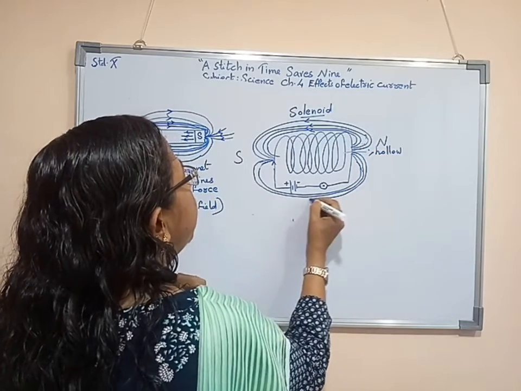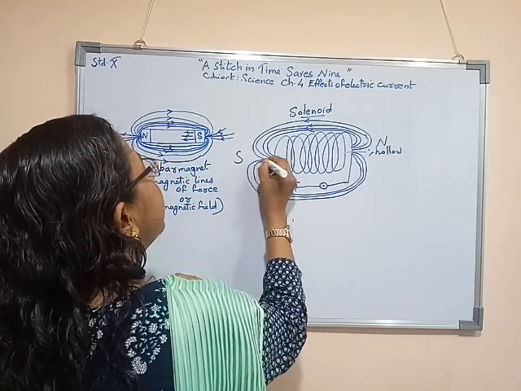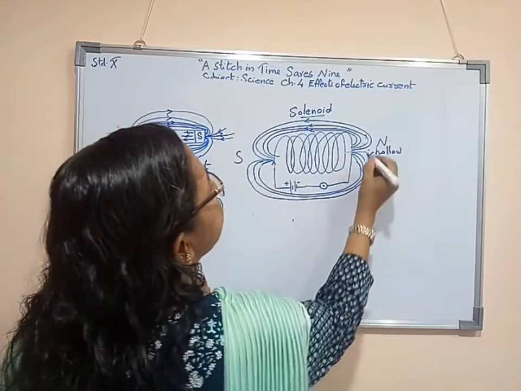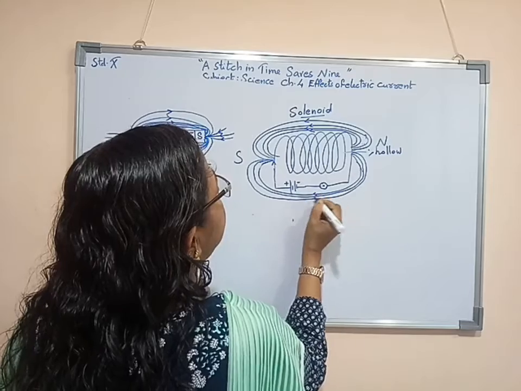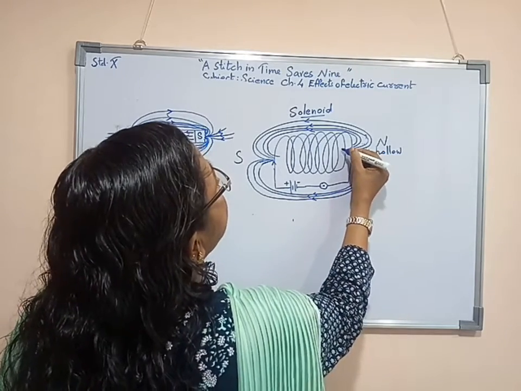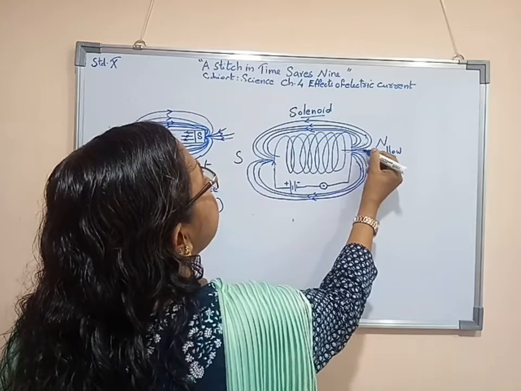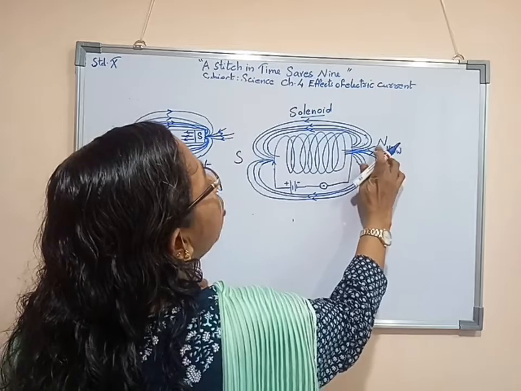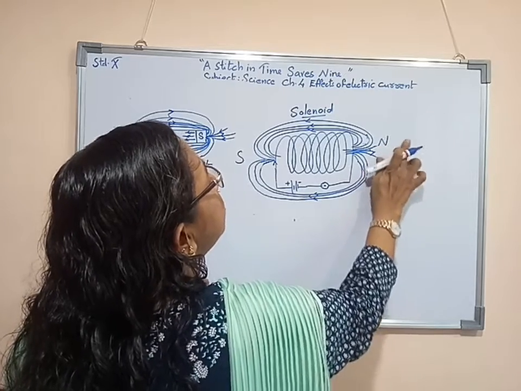As you studied, the magnetic field lines in the case of a bar magnet form in the same way, from the north pole to the south pole. Again, this is a hollow part, I am rubbing it out now.